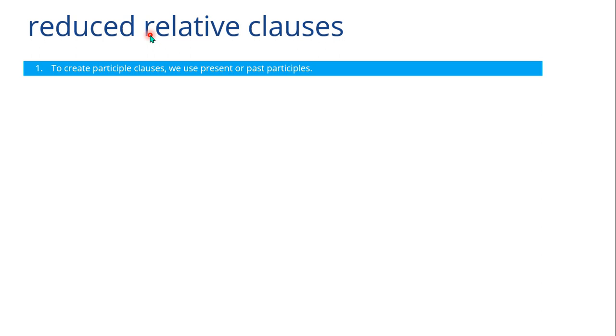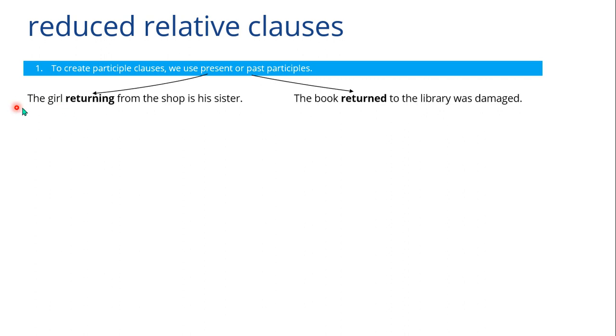Now, reduced relative clauses. What are they for? To create participle clauses, we use present or past participle. The girl returning from the shop is his sister. Present participle with the ing. Past participle with the ed. And this is: The book returned to the library was damaged. Can you see the difference?